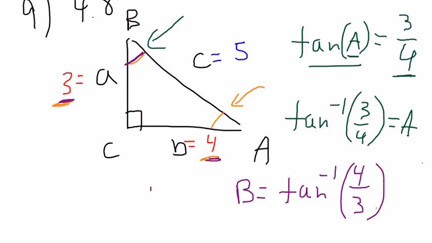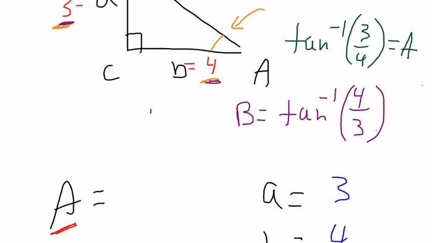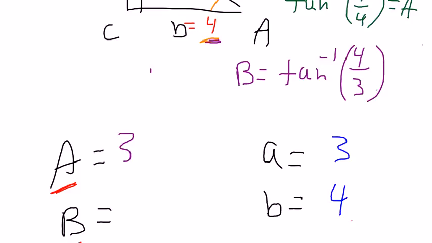So if I do those calculations, if I take the inverse tangent of 3 over 4, I get 37 degrees, 36.9 degrees. And if I take the inverse tangent of 4 over 3, I get 53 degrees.